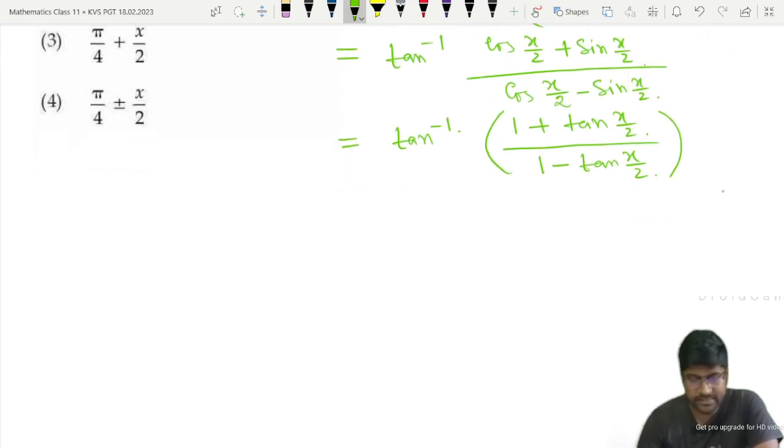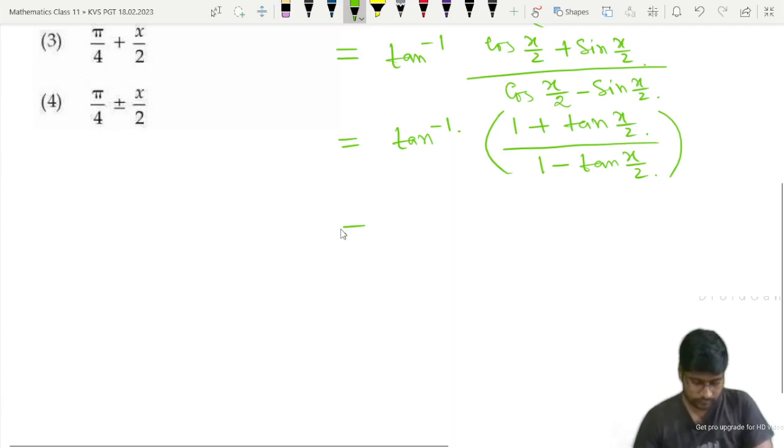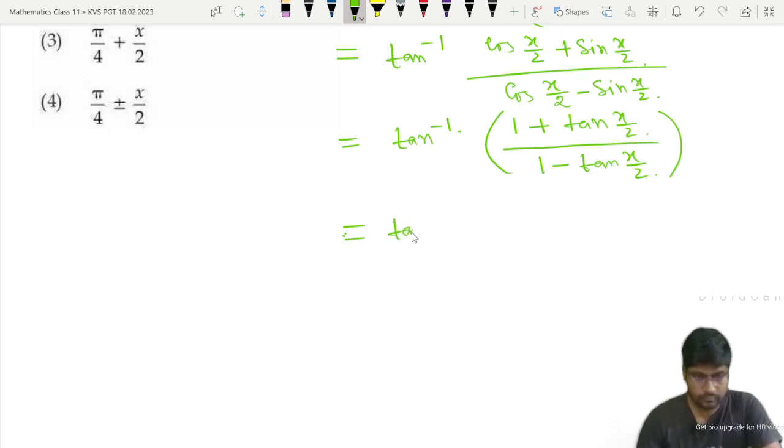This is tan of pi by 4 plus x by 2. So this is tan inverse tan of pi by 4 plus x by 2.